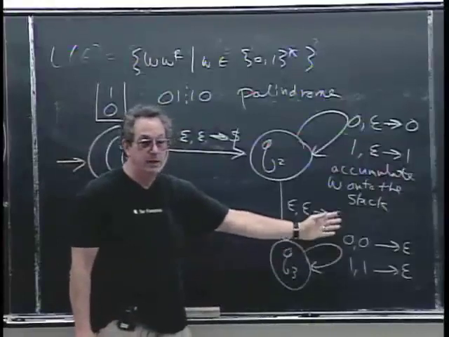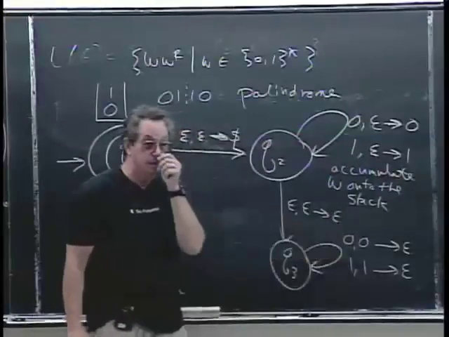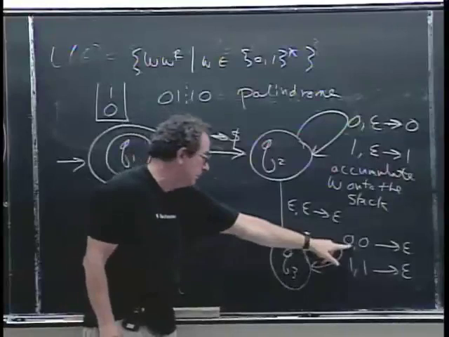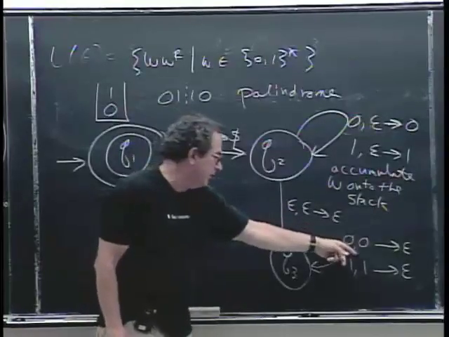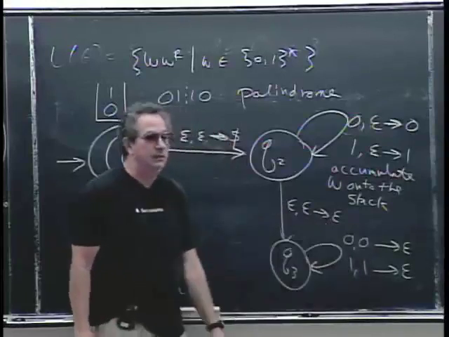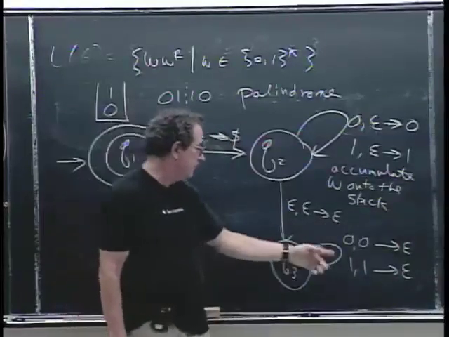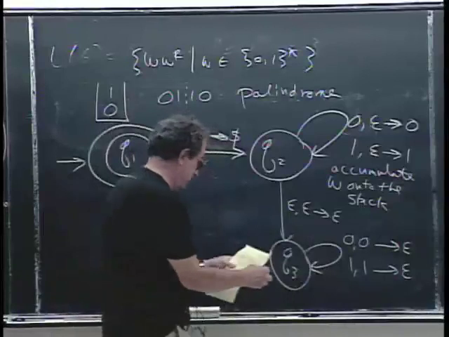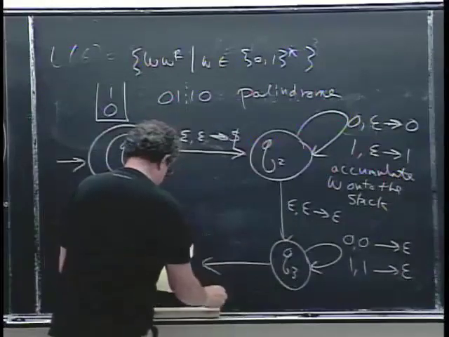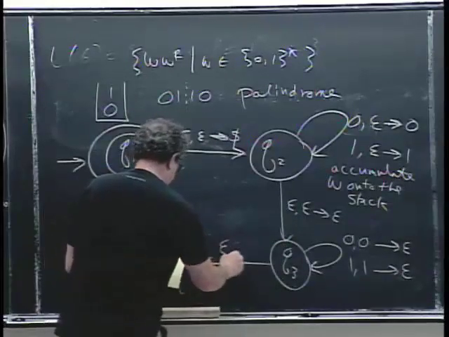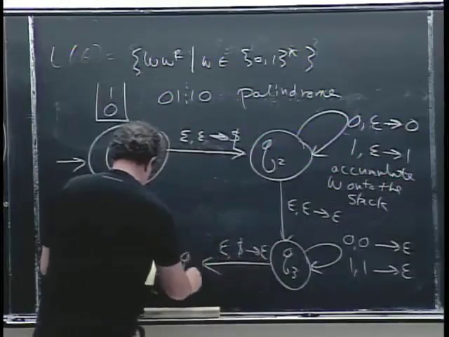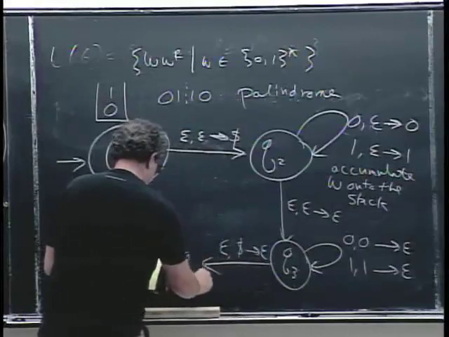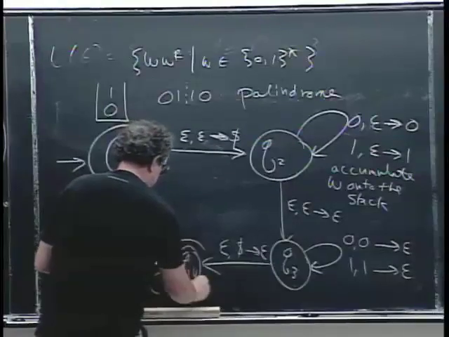It's popping the stack. It's looking at one character on the tape, popping the stack, reading the stack, and if these two are equal, then it's going to epsilon. I haven't finished this thing out here, so epsilon, $, epsilon, Q4.